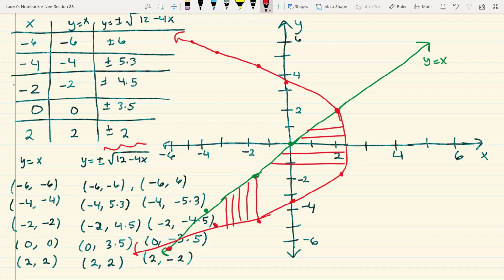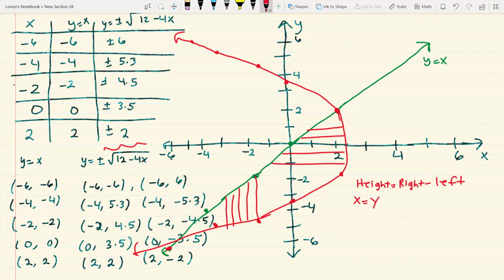So if it's horizontal, now the height would be right minus left. So we have to do some algebra first. The first function is already in terms of y, it was x equals y, right?